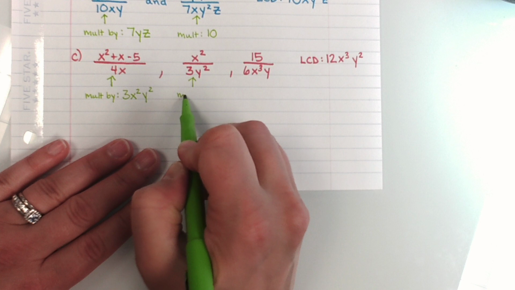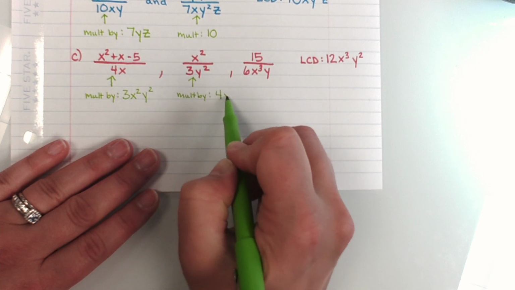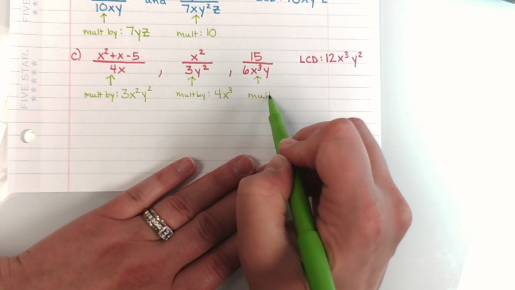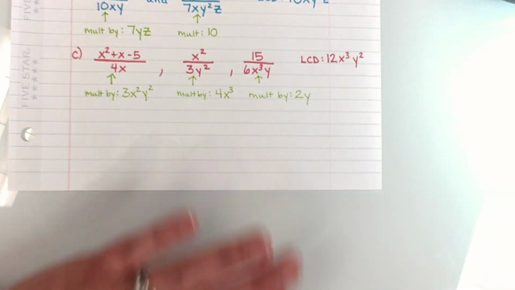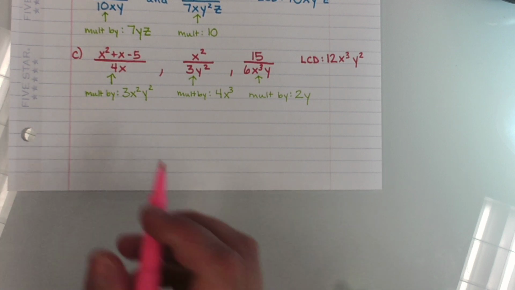Second one? 4x cubed. Third one? 2y. And again, if I multiply the bottom of a fraction, multiply the top. Because when I'm adding and subtracting, I can't change the fractions. Okay. Now that we've got that.